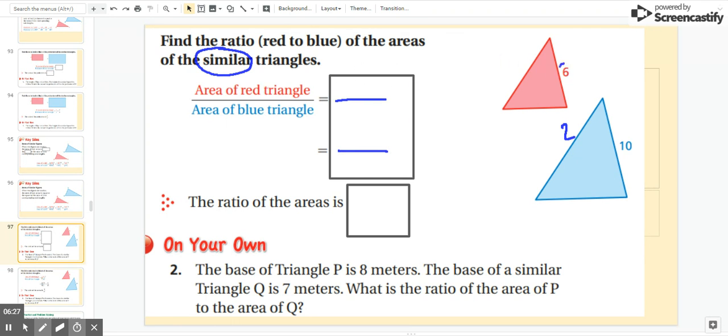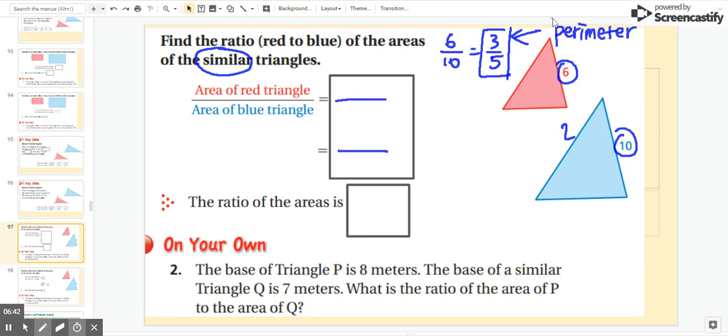So the side length ratio is 6 to 10, which is 3 to 5. This is the ratio of the perimeters, right? But to find the ratio of the areas, you square them. So it's going to be 9 over 25.